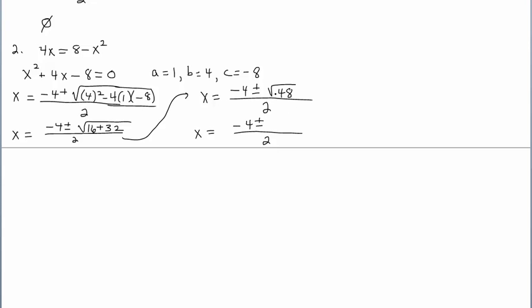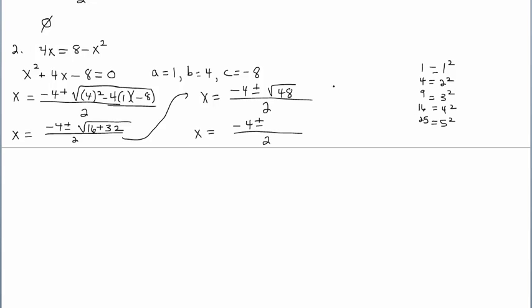And if you spend some time thinking about 48, look for a perfect square factor. Okay, so when I think of the perfect squares, think of 1, 4, 9, 16, 25, etc. Remember, this comes from 1 squared, 2 squared, etc. Does this number 48 contain a factor that's a perfect square?